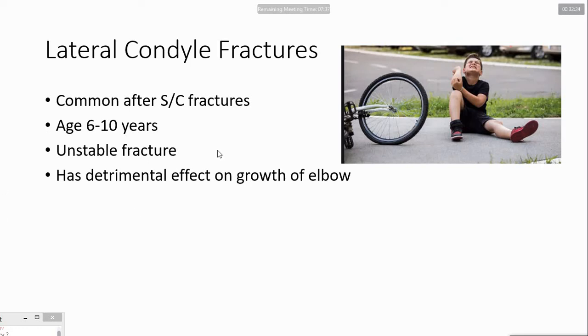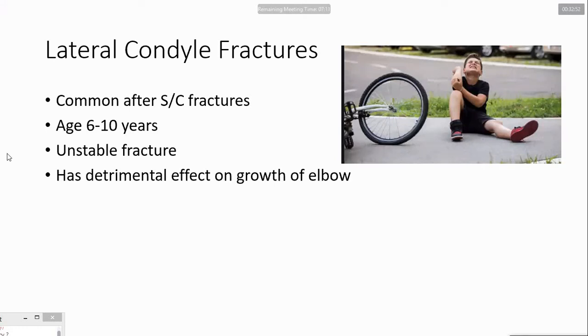Because it's actually a growth cartilage and quite a significant chunk of the growing bone, it needs to be anatomically fixed. Lateral condyle fracture has a detrimental effect on growth of the elbow, because the lateral condyle is composed of the capitulum and its growth plate. So it has its role in the growth of the lateral part of the elbow.